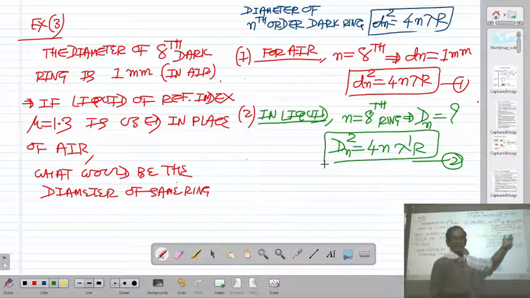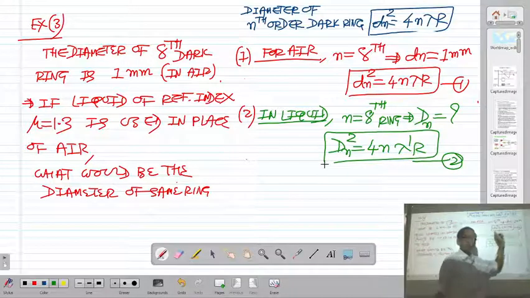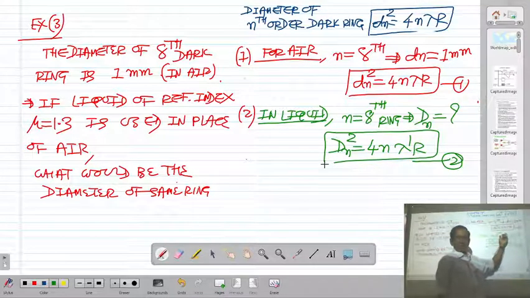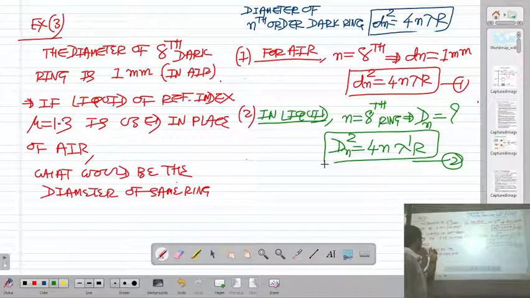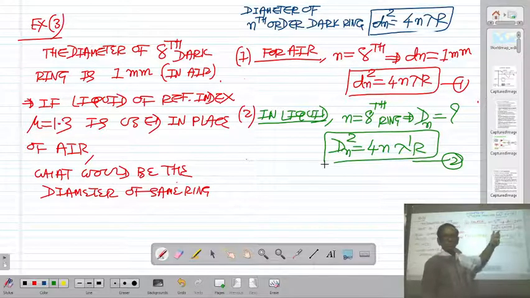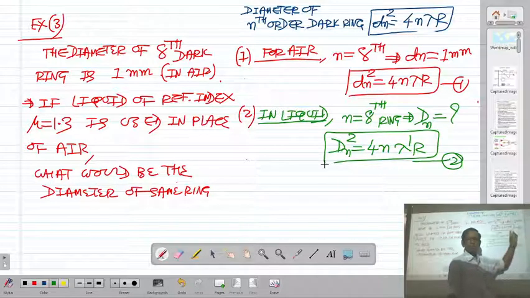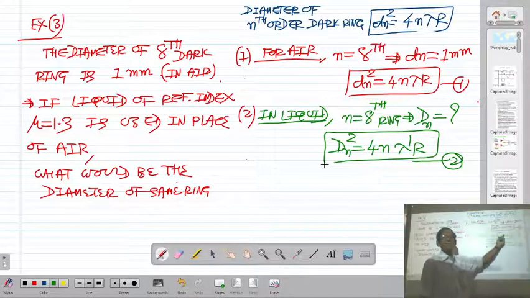And in the water film, you are asked to calculate the diameter of the same 8th dark ring. So you are asked to find the diameter, capital Dn, of the nth dark ring in liquid.